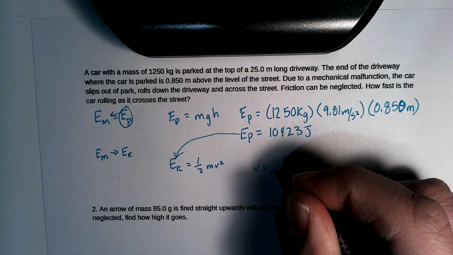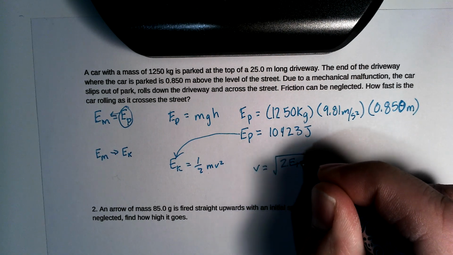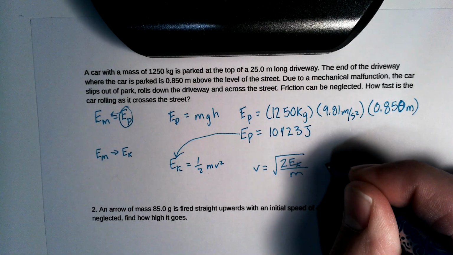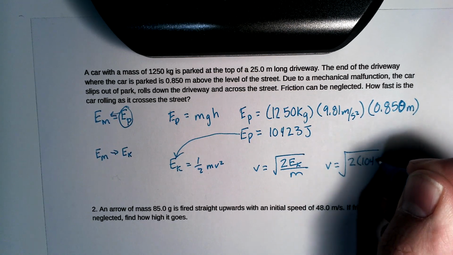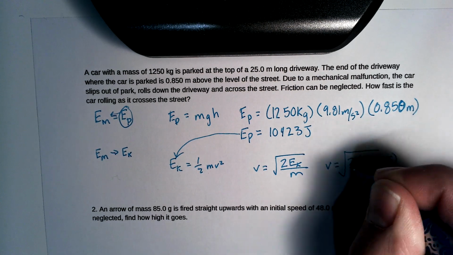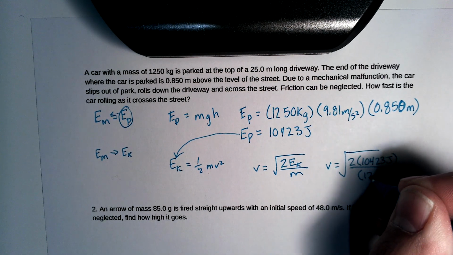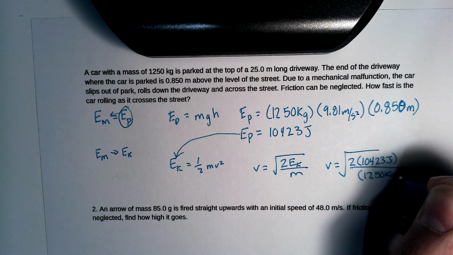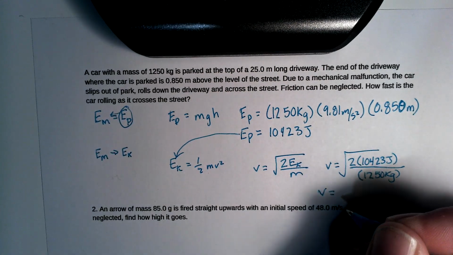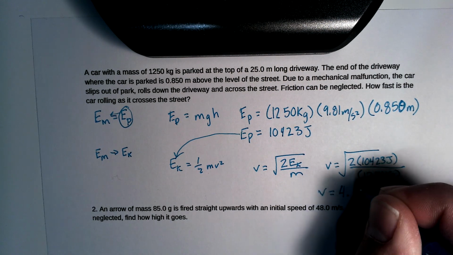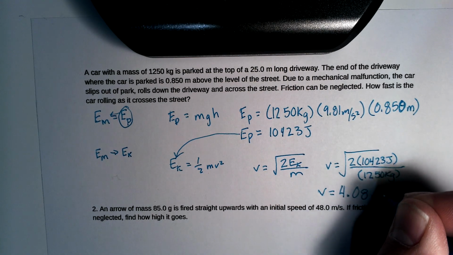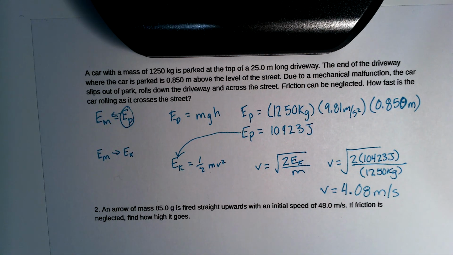So v is going to equal the square root of 2EK over m. Put our numbers in: 2 times 10,423 joules divided by 1,250 kilograms. And we get our total speed, 4.08 meters per second.